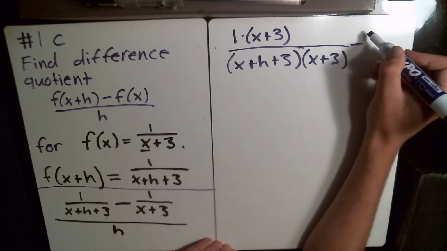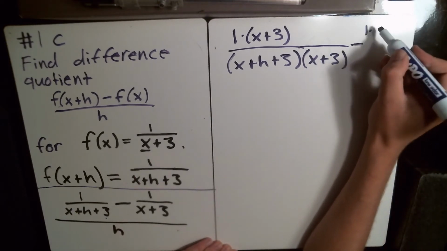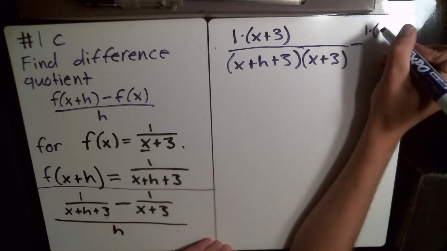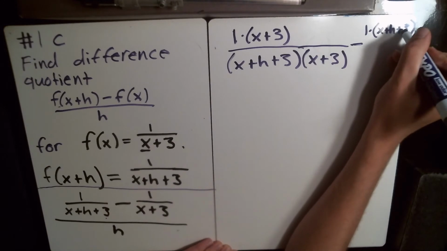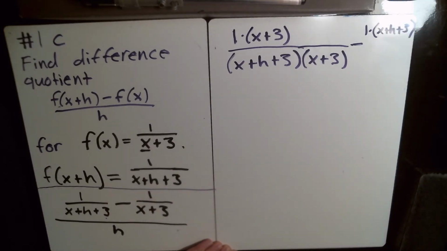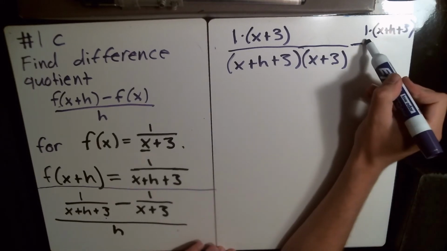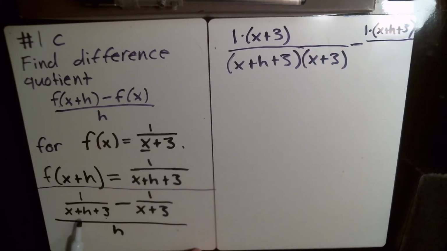So I'm multiplying the top and bottom by x plus h plus 3 on this one, so that I get both things on both of them.